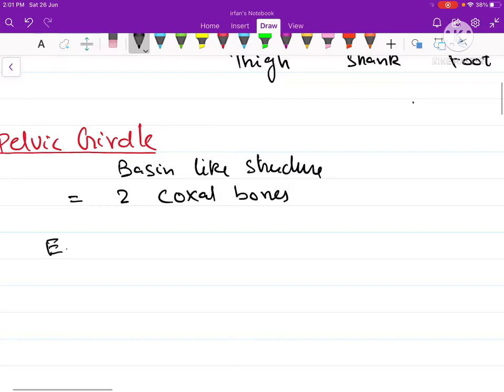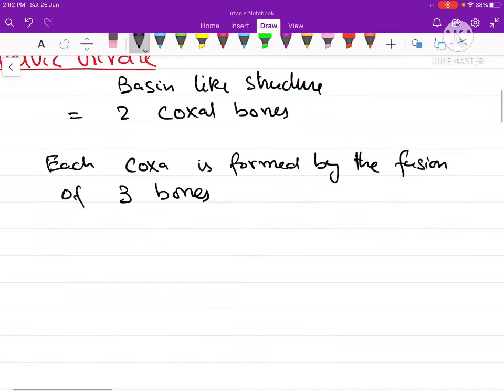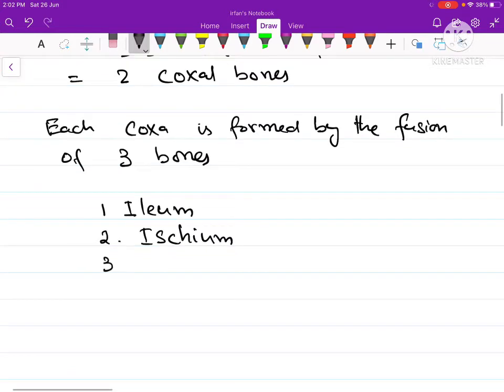Each coxal bone is in turn formed by the fusion of three bones. The three bones that make each coxal bone are, number one, the ilium, number two, the ischium, and number three, the pubis. These three bones together form one coxal bone, and two coxal bones fuse together to form the pelvic girdle.